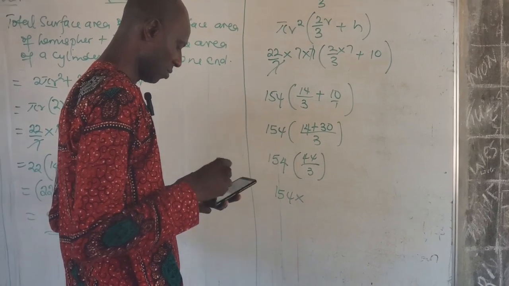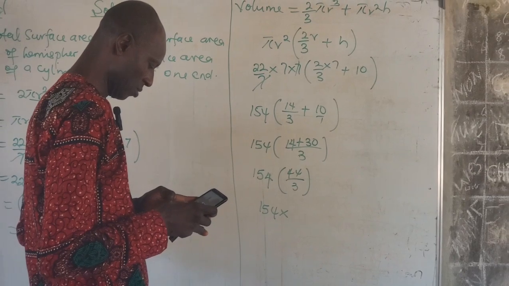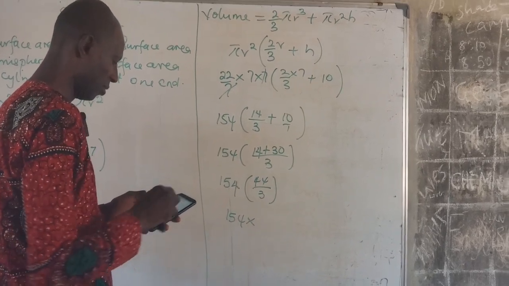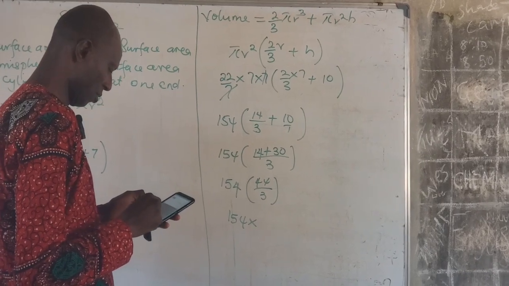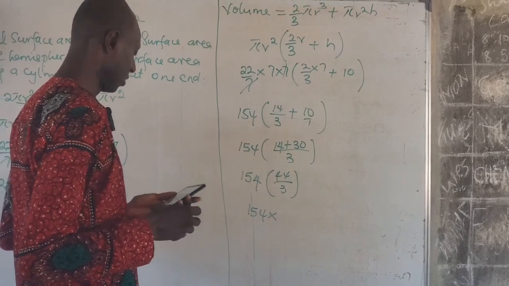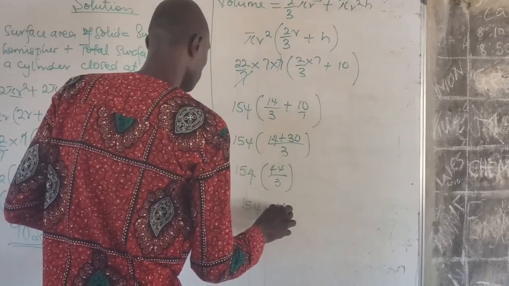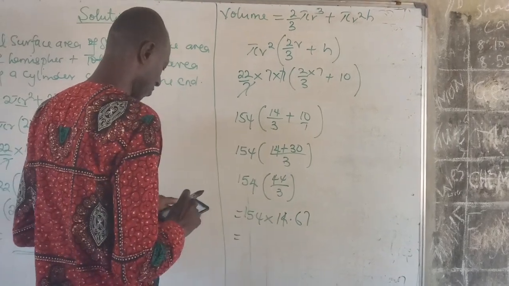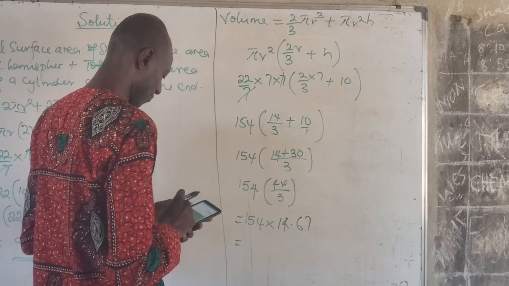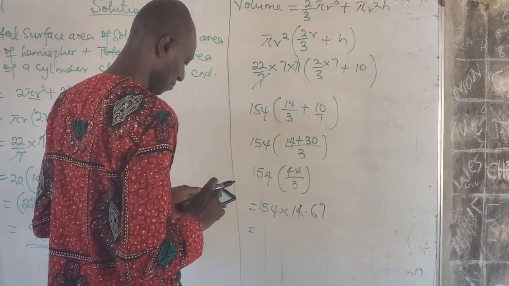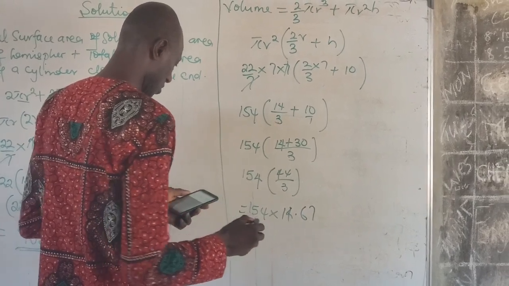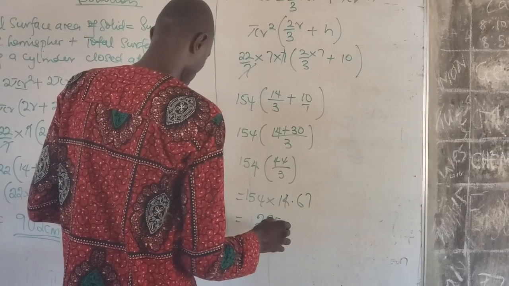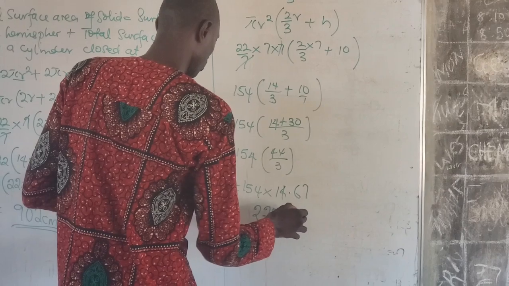Now, what is 44 divided by 3? It gives us 14.6667, which is 14.67.